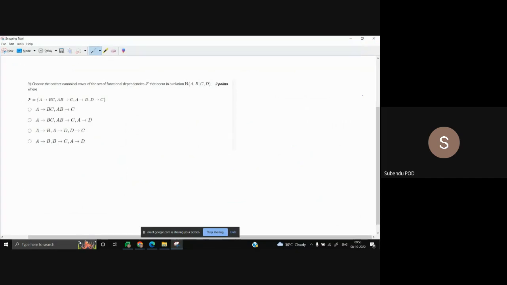My screen is visible. Okay. So choose the correct canonical cover of the set of functional dependencies on R(A, B, C, D), where F is given: A determines BC, AB determines C, A determines D, and D determines C. Up to that is clear.